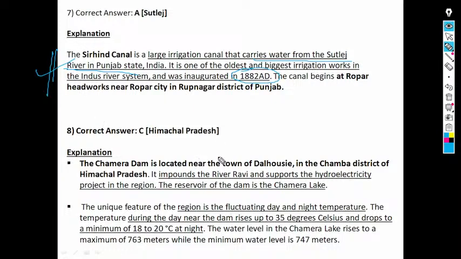Next, Himachal Pradesh. The Chamera Dam is near the town of Dalhousie in the Chamba district of Himachal Pradesh.